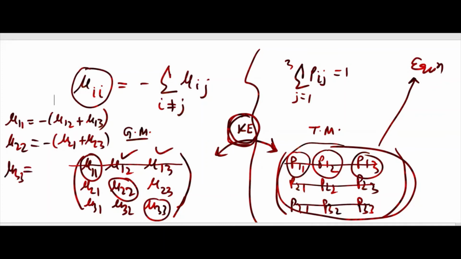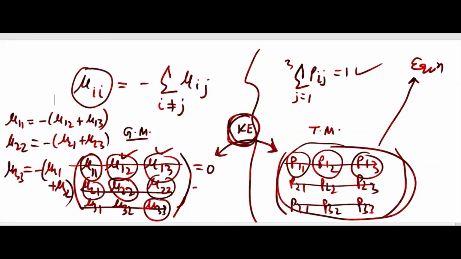That is equal to minus of mu31 plus mu32. So when you add these two, you will get this one. Here, if you sum up everything, that should be 1. Here it's 0. That means mu11 plus mu12 plus mu13, if you add these 3, that should be equal to 0.